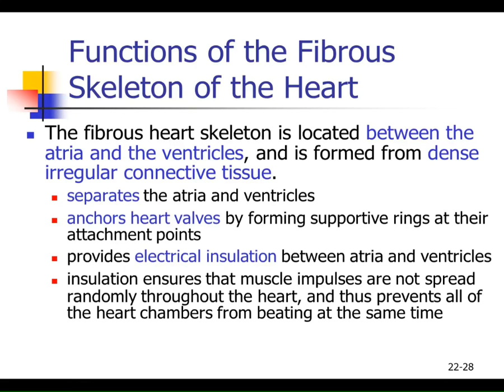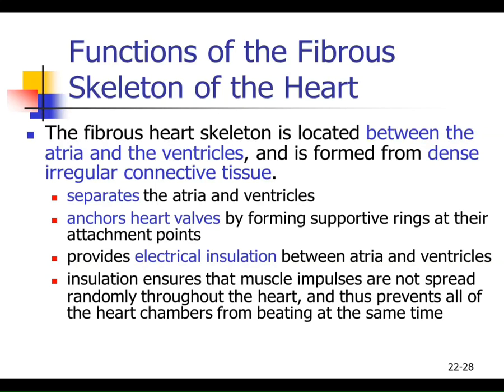So not only is the heart surrounded by a fibrous sac, the pericardium, but the heart, being a hollow organ with four chambers, must also have an internal skeleton. This is not something we could label necessarily on our heart models.